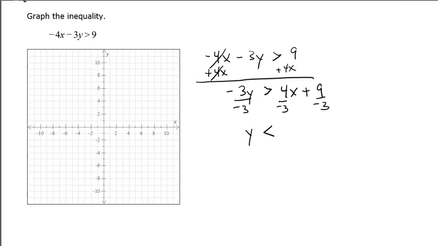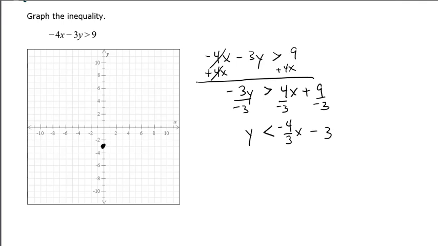Here I have 4 over negative 3, which is the same thing as negative 4/3 x. And positive 9 divided by negative 3 is the same thing as negative 3. So my new inequality would be y is less than negative 4/3 x minus 3. So we're going to start by plotting our y-intercept, which is negative 3.